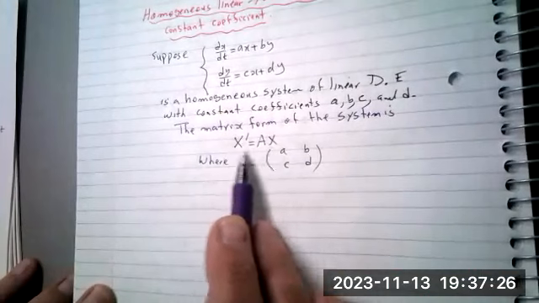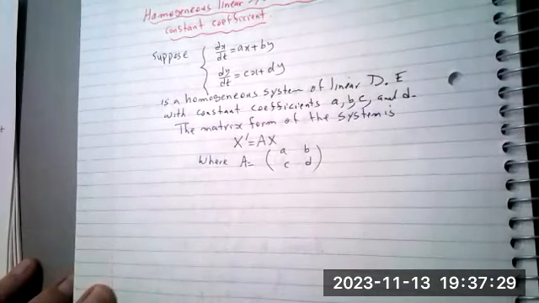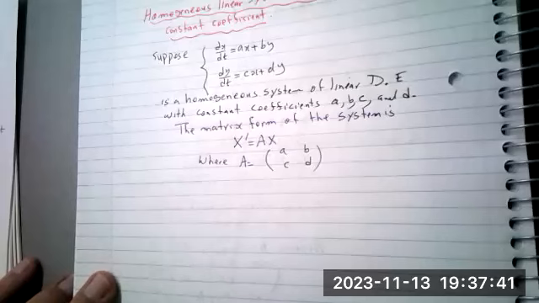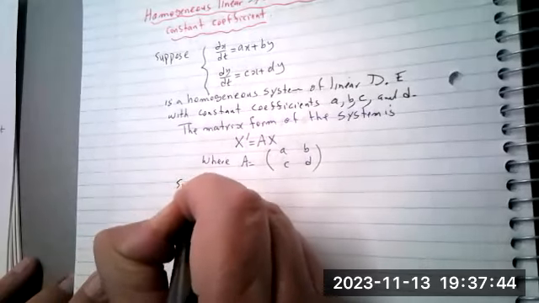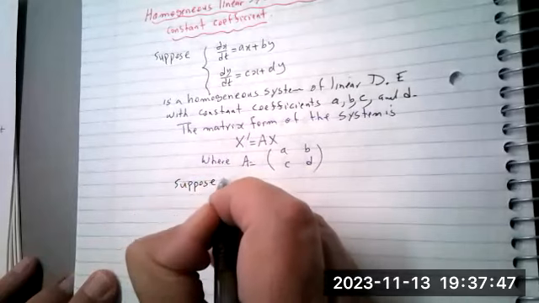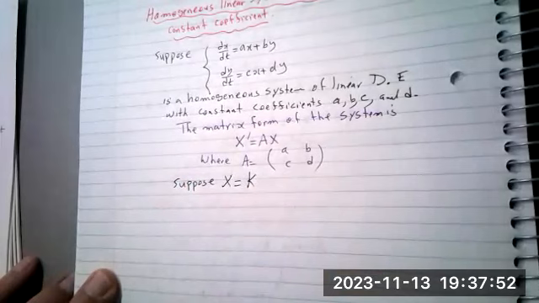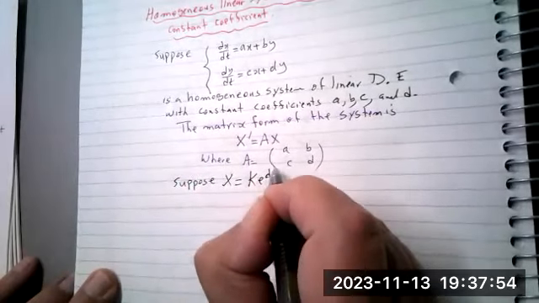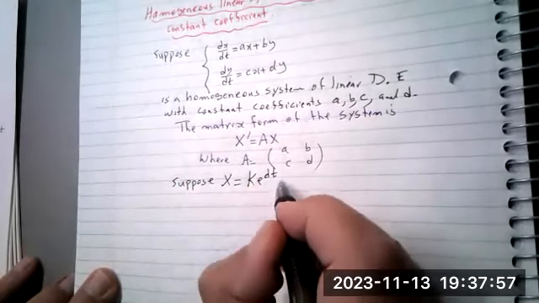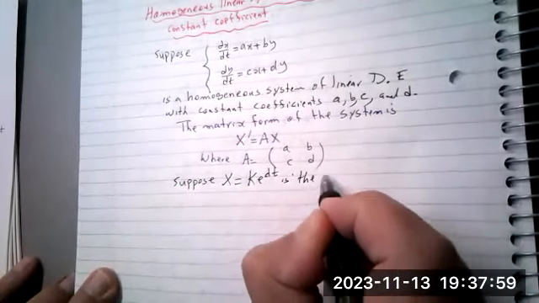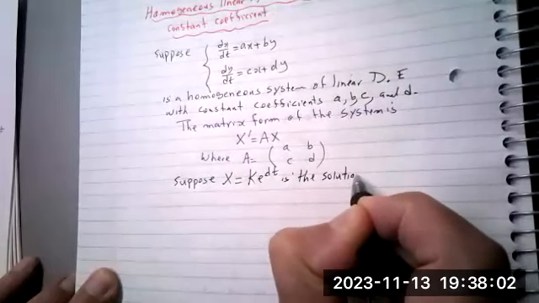Now we are going to focus on this one. It's a linear equation. We know the solution of the linear equation; it's going to be of the form e to the what? e to the rt. We talked about it before, but we have to change it to the matrix form. So we force the equation to be as we did before. Suppose x equal to K e to the lambda t, where K is a vector, is the solution of the system.